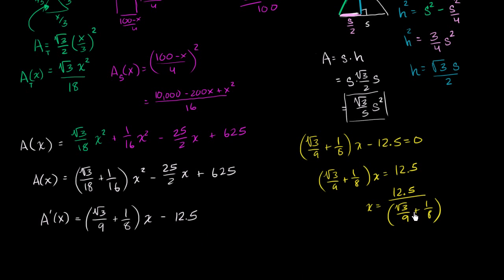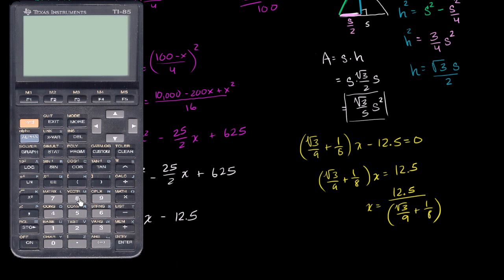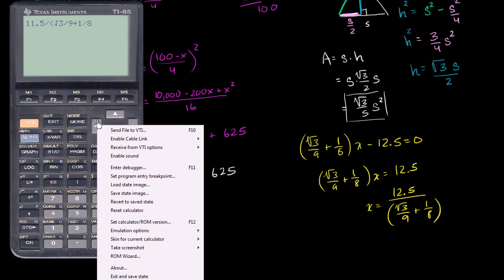And I will use a calculator to figure out what this is roughly equal to. So let's turn on our calculator, and we get 12.5 divided by the square root of 3 divided by 9 plus 1 divided by 8. And the order of operations should make everything work out right over here. And then, oh, I wrote 11.5. That's no good.